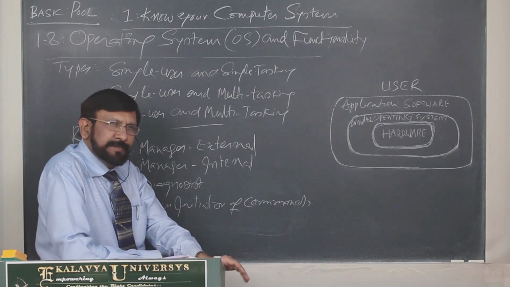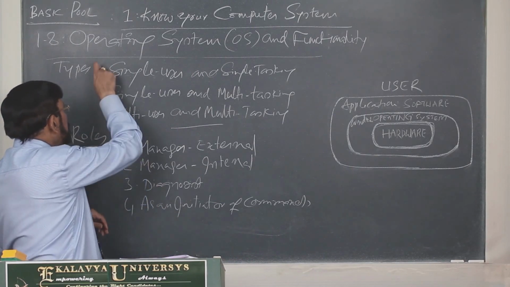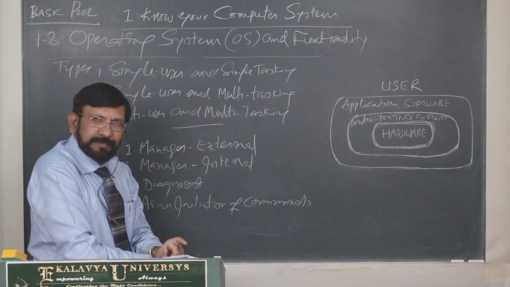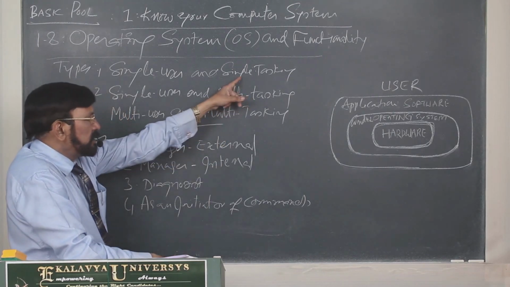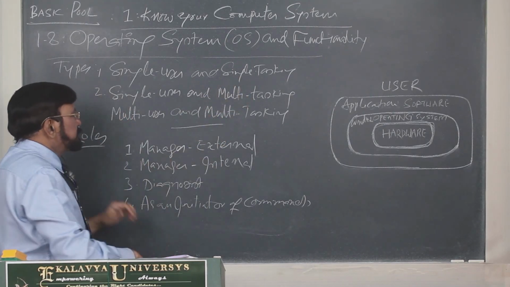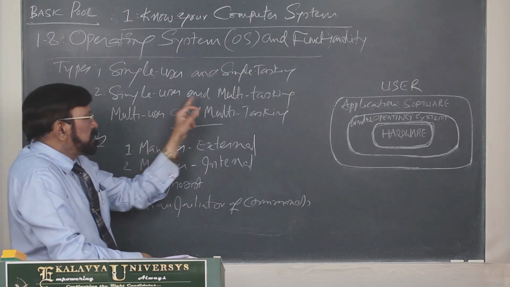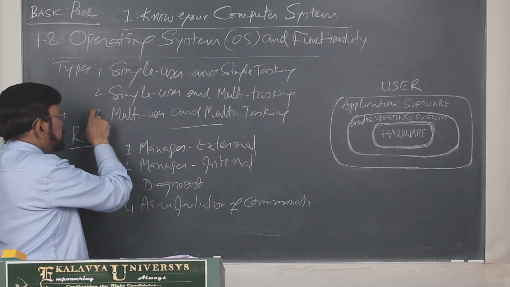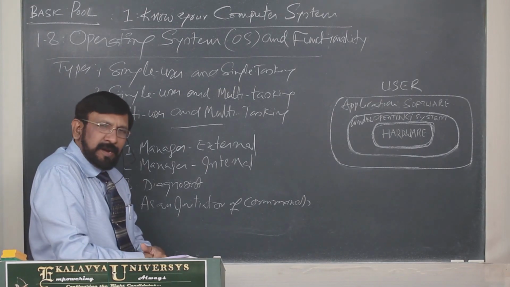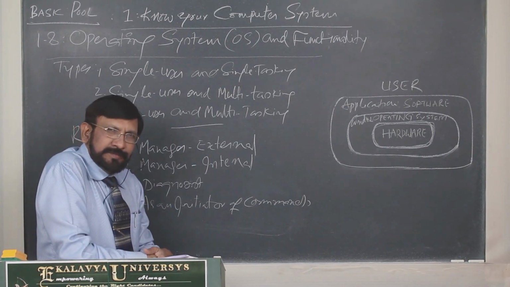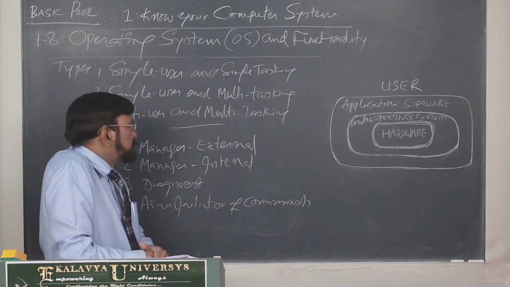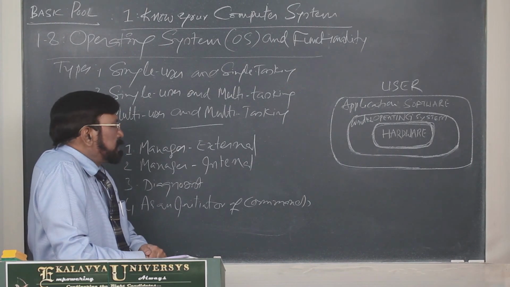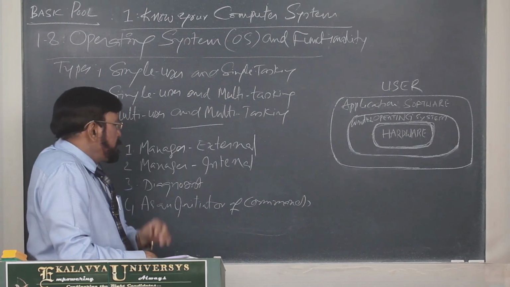Operating systems can be classified mainly into three groups: single user and single tasking, second, single user and multiple tasking, and third, multi-user and multitasking.